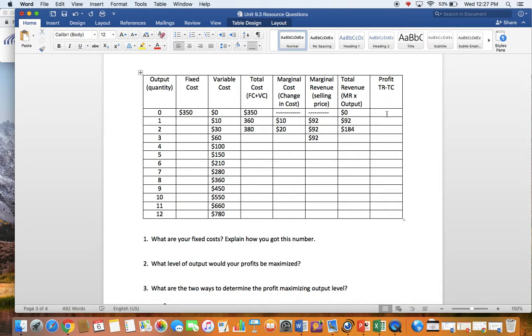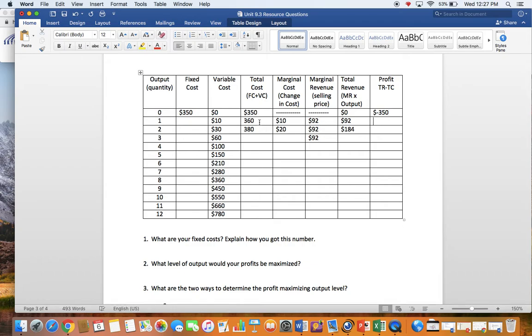Your total profits: when I sell 0, my profits aren't 0. I still have costs. So if I take my total revenue, how much I have coming in at 0, and how much I have going out at 0, my profits are actually negative $350 because I still have to pay this.